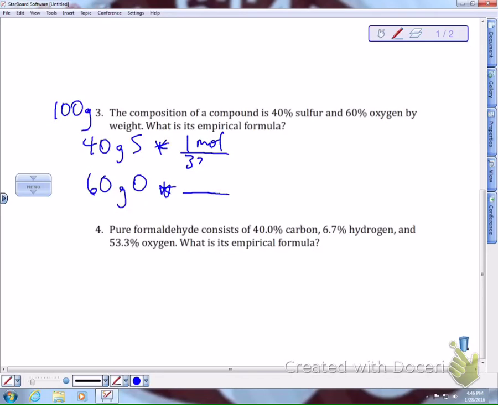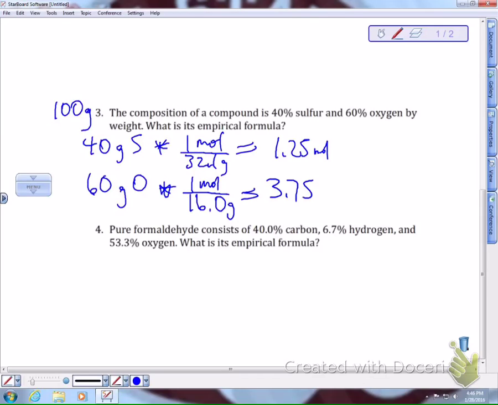Alright, so sulfur is 32.1 grams per mole, oxygen is 16. So to the calculator, 40 divided by 32.1, 1.25, and then let's do oxygen, 3.75.